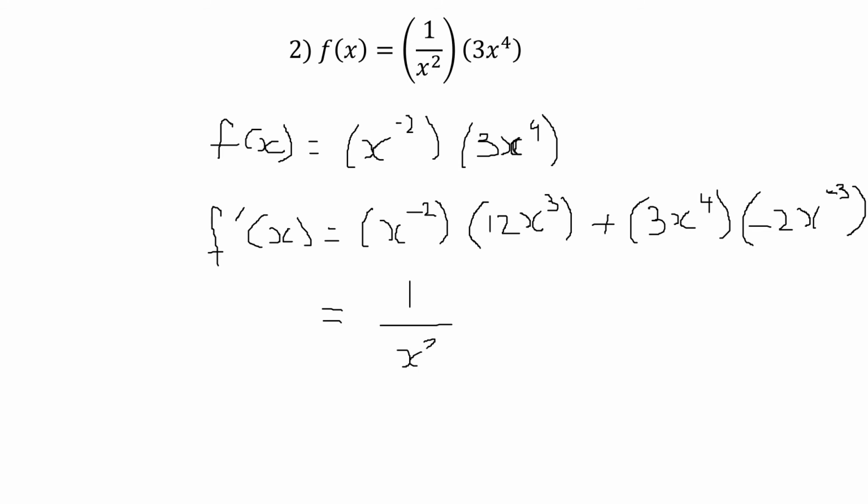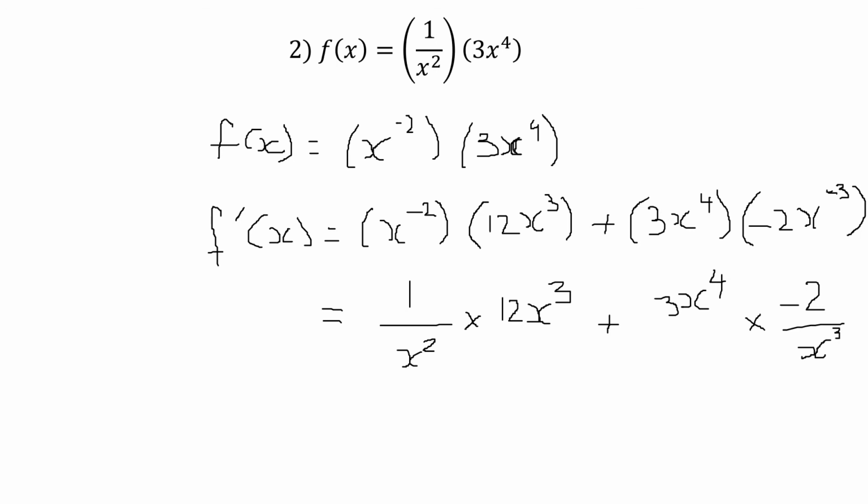I'm just going back to what I had initially, and that is being multiplied by, I'll just remove the brackets so we could see the math hopefully a little easier, x cubed, and that is added to, and again I'll remove the bracket over here, so that's 3x to the 4th multiplied by minus 2 to the x cubed.